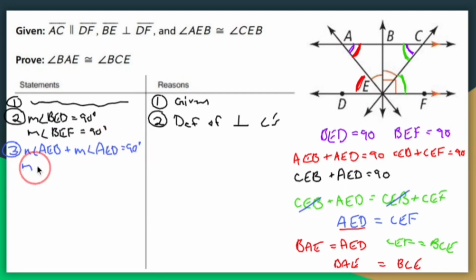And the measure of angle CED plus the measure of angle CEF is 90 degrees. That was because I added these two angles to get that. I added these two angles to get that angle, the angle addition postulate.